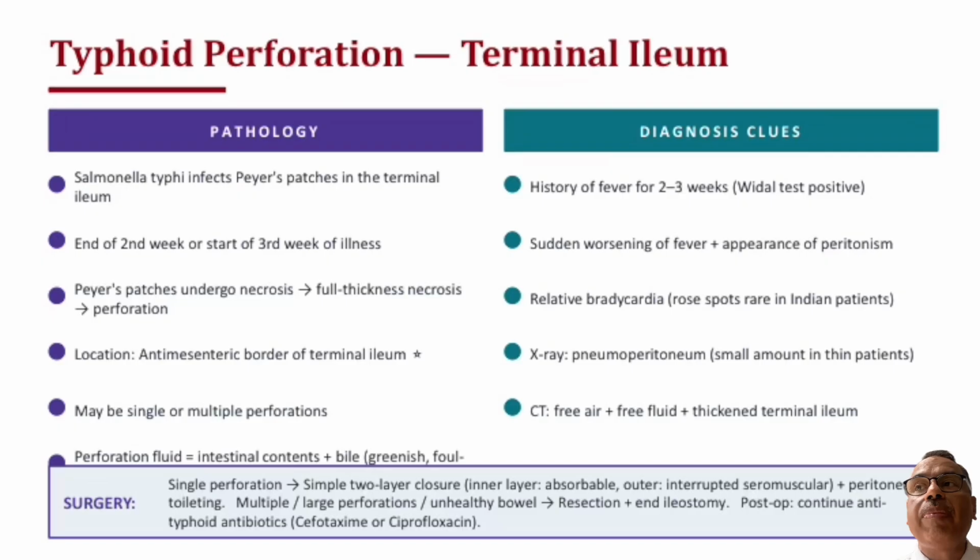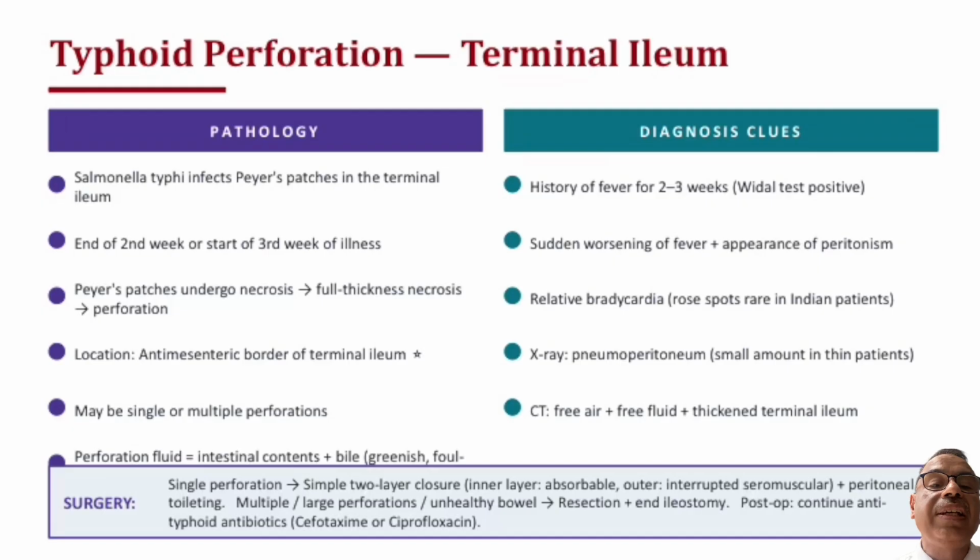X-ray would show pneumoperitoneum, and CT would show free air, free fluid in the peritoneal cavity and a thickened terminal ileum. When these things are seen on CT scan with a history of fever or a positive Vidal test, always assume that this is a typhoid perforation.